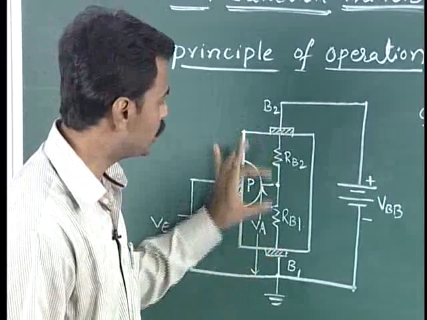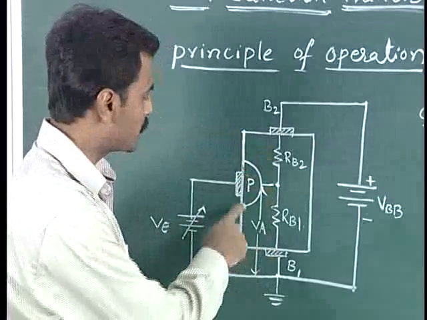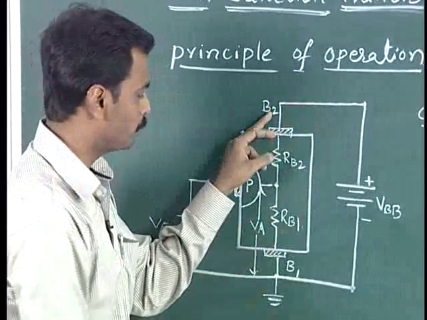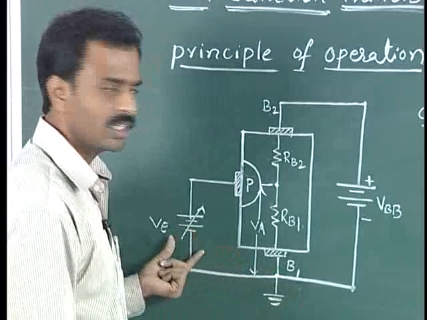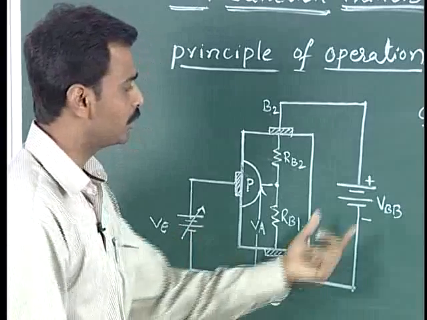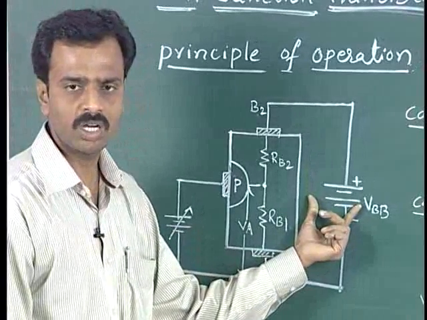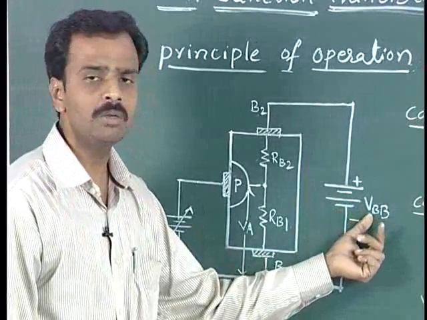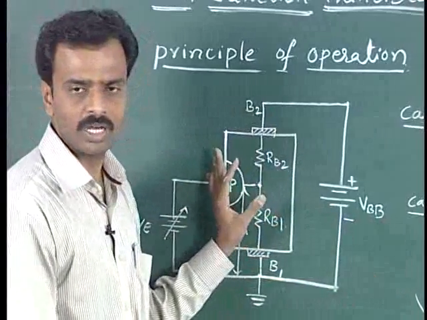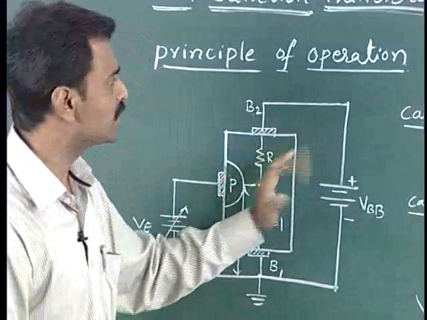These are the two internal resistances, represented with a single PN junction device where the terminals are taken from B2 and B1. The voltage applied at the input is the emitter voltage, and the voltage across the two terminals B1 and B2 is VBB. So that is the construction of the UJT. Now we'll see the operation.